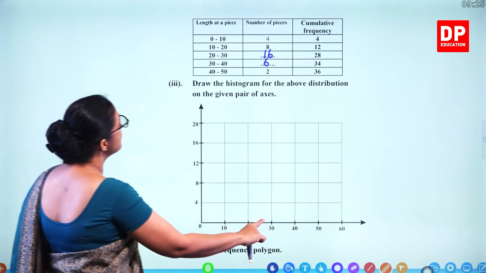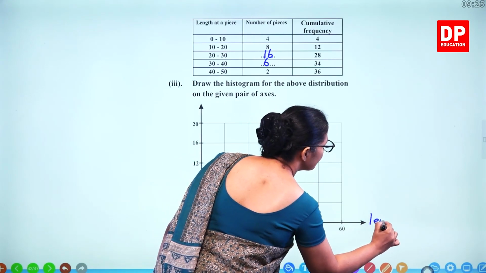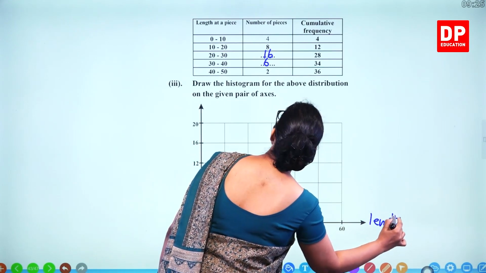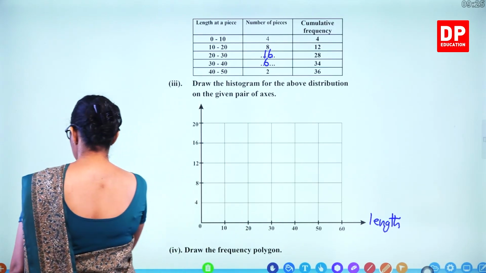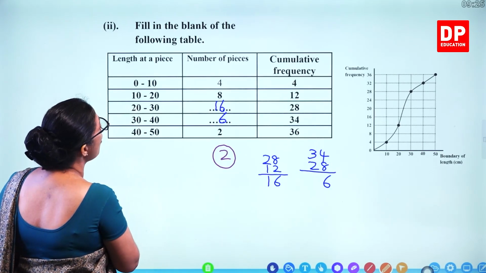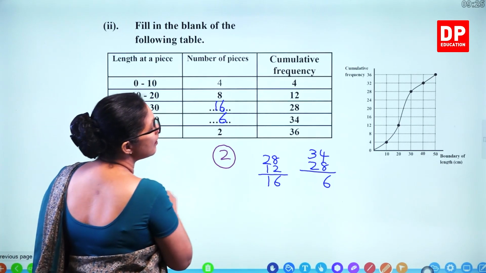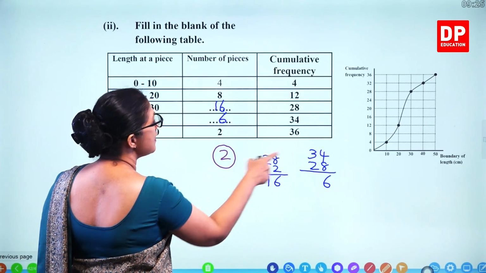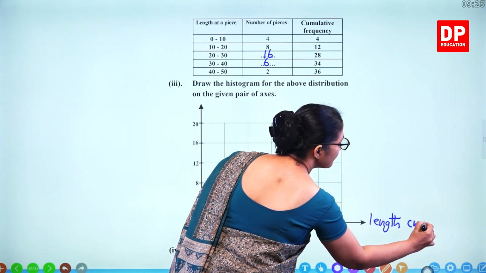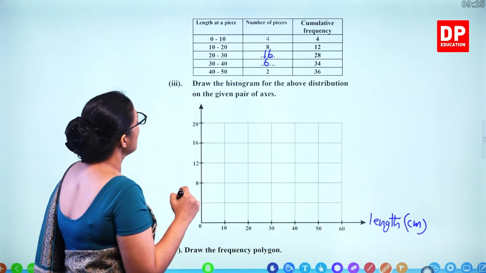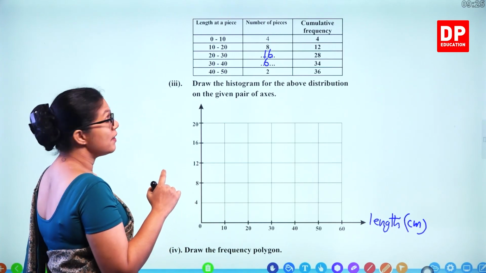So, here this is length in meters. So, we will check. It's not given. Boundary of length centimeters. That's centimeters. And you have to draw the bars.